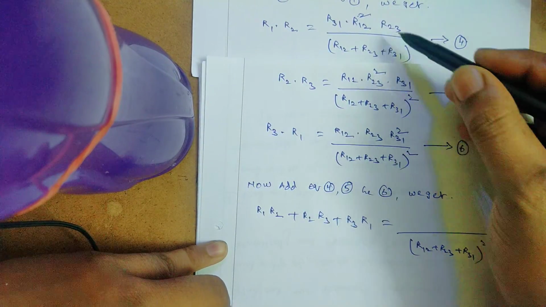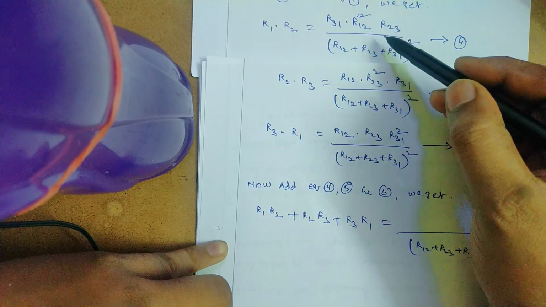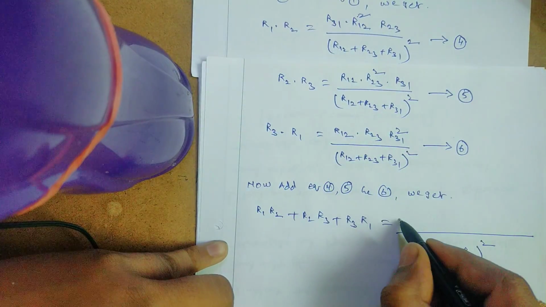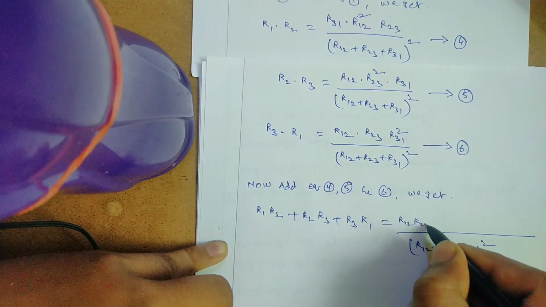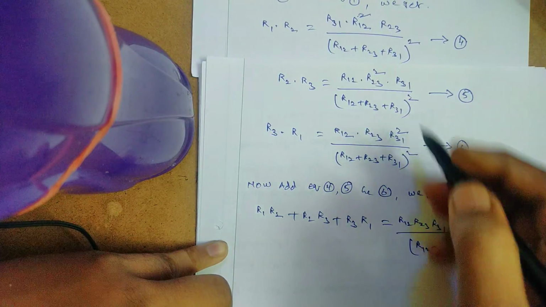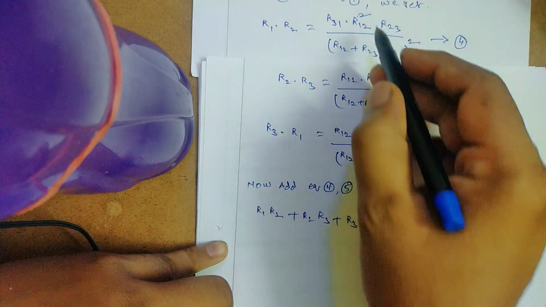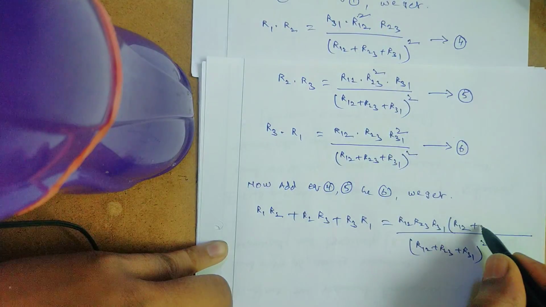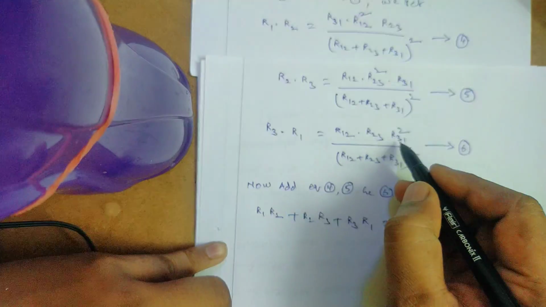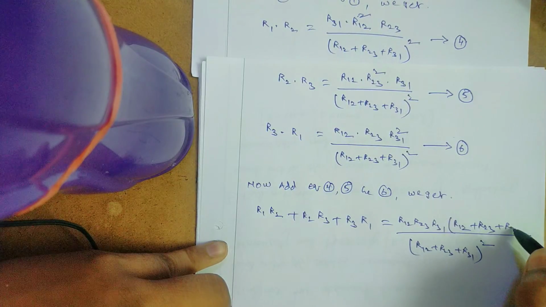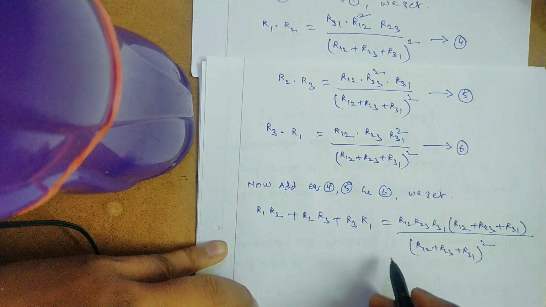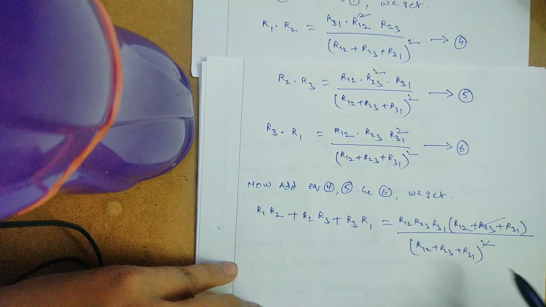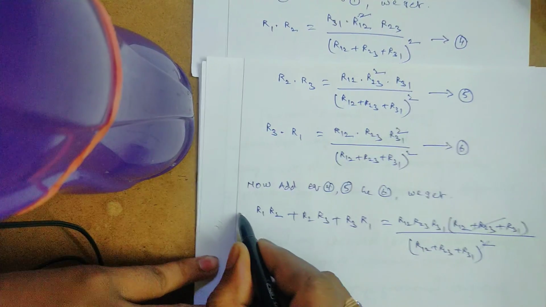Here in these three expressions, we observe in the numerator R12, R23, R31. Take it as common. We get R12 and R23 and R31. Here this and this cancel one time.